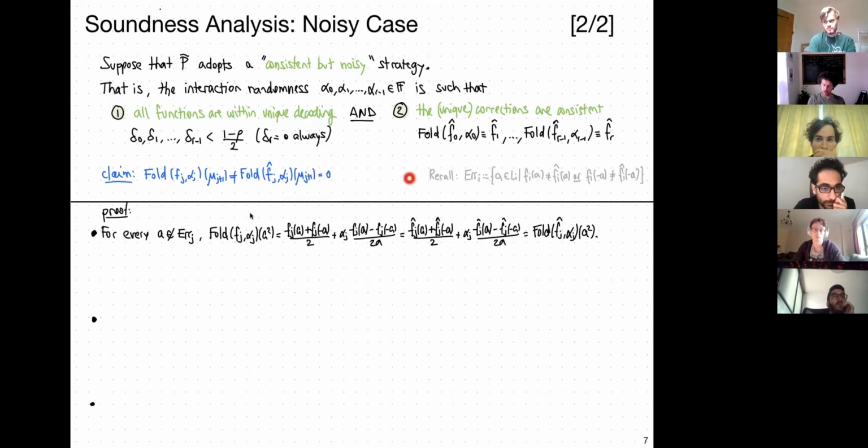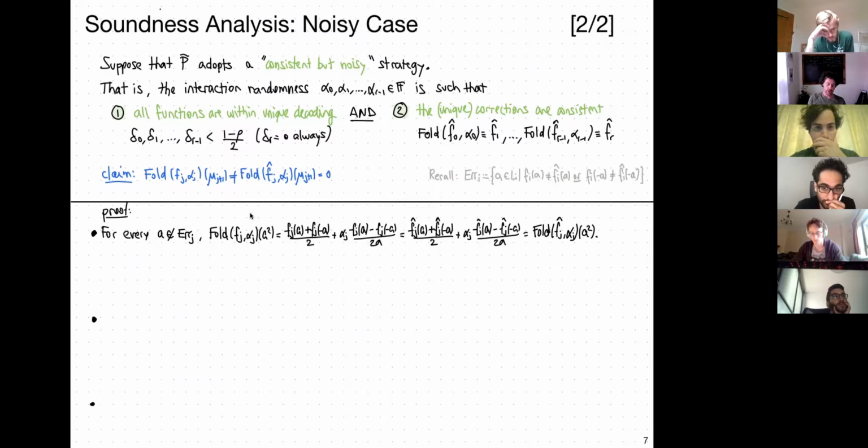And remember, we still have the definition of the error set here. It means that this is a point where both in the minus and the plus cases, the function agrees with the self-correction. In this case, it would mean that it would be equal to 0 because the self-correction is a 0 polynomial.